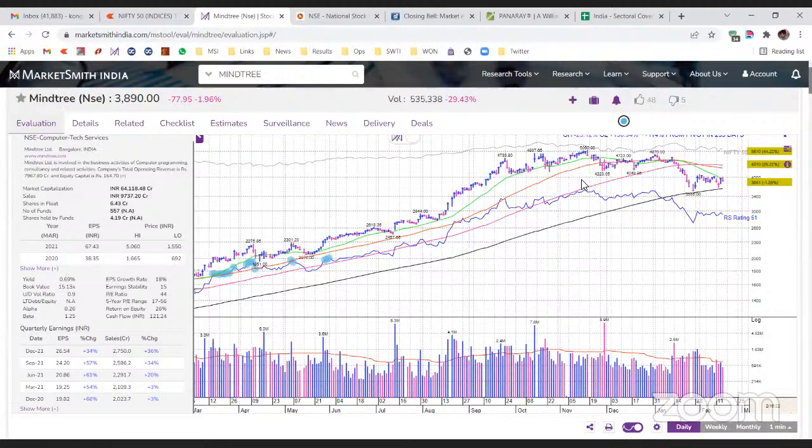But again, new positions at the moment with the stock is not advisable because even if the stock is trading above the 200 DMA, it's still far below the other key moving averages, and the relative strength is not there with the stock at the moment.